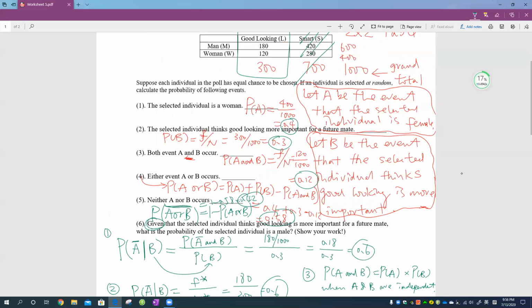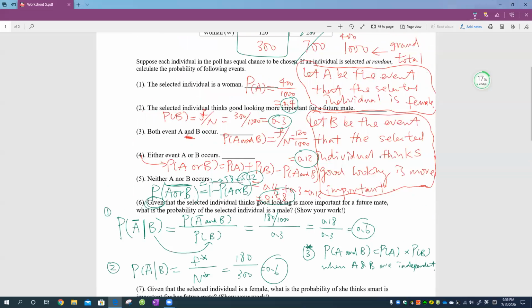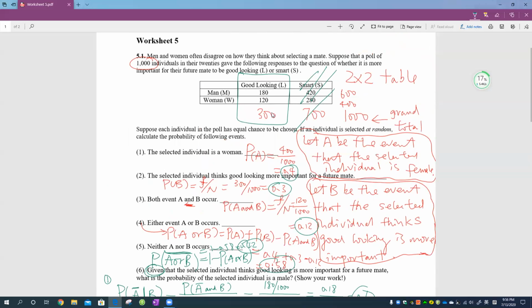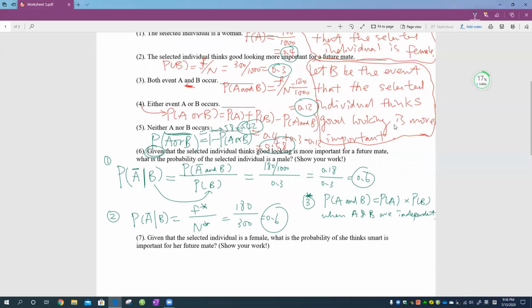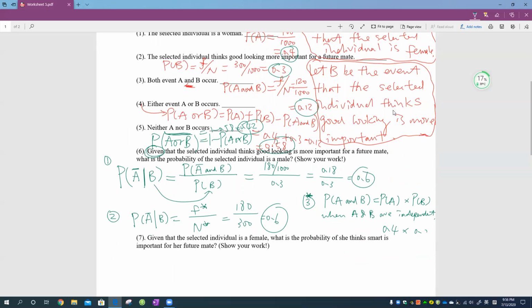Let's put a star here, which means this method is only good for this question. For this question only, we happen to have probability of A equals 0.4, times probability of B, which is 0.3, and probability of A and B is 0.12. So for this question, it happens to be like this. So we say A and B are independent.